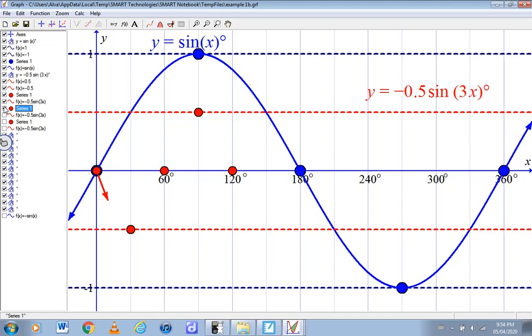Sine of x repeats in 360 degrees. And if we have a 3 in front of the x, that means we're stretching horizontally by a third, which means we take a third of 360, and that tells us what the graph will look like. Now we can see there that the amplitude is 0.5 and the period is 120 degrees.